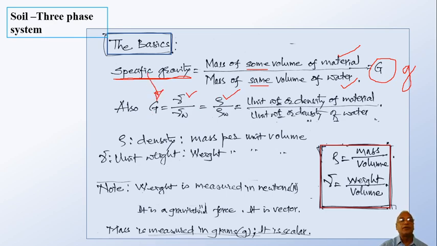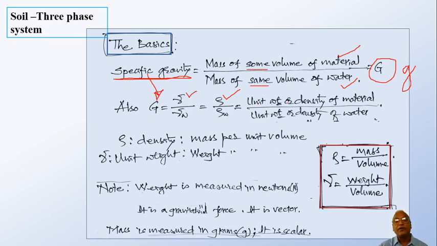So it should be easy to remember rather than remembering this way, that is mass of something. The easy definition is specific weight of material to specific weight of water, density of material to density of water. This ratio is referred to as specific gravity.